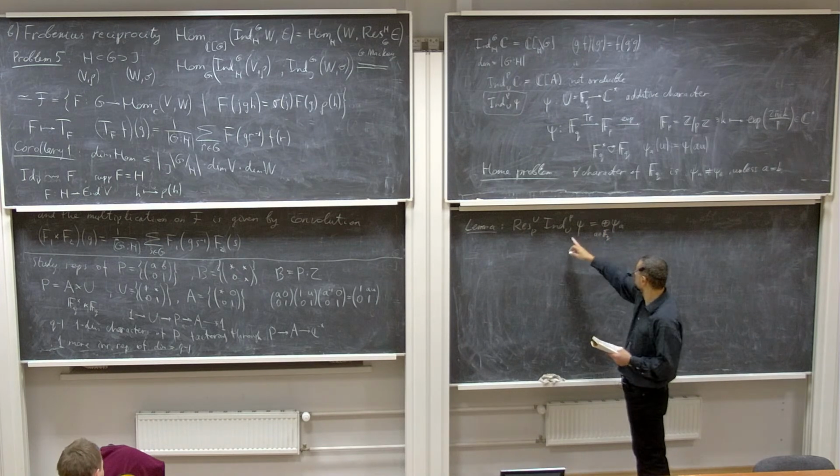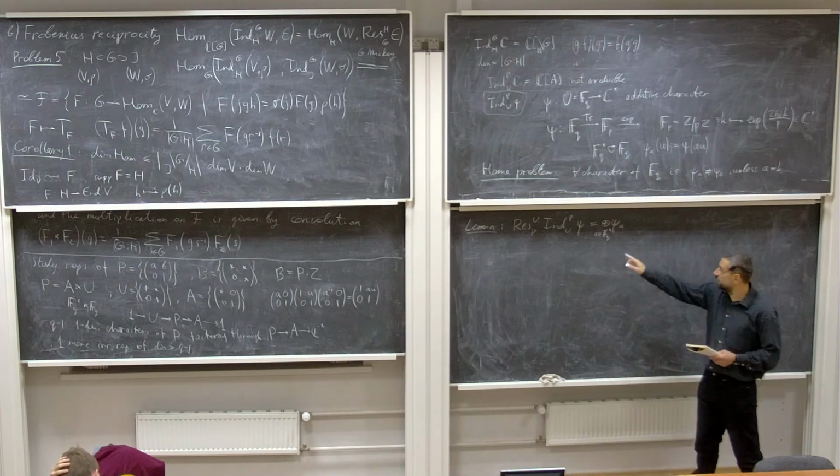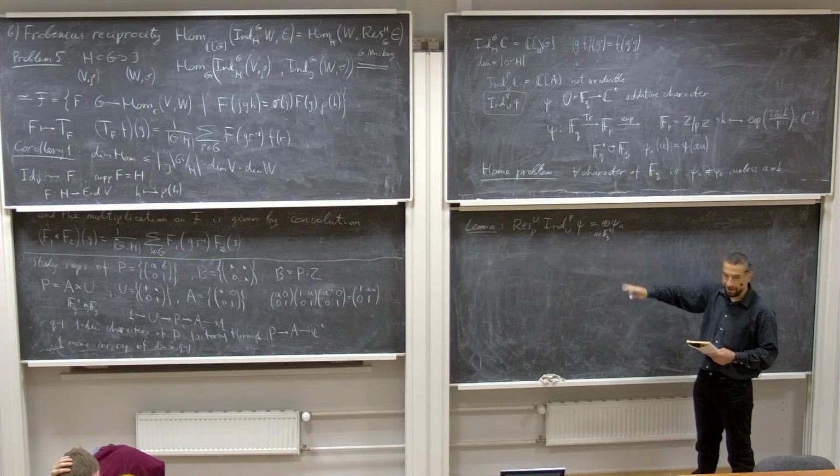But the dimension is q minus 1, so this A must be non-zero. So the trivial character does not enter, only all the non-trivial characters.